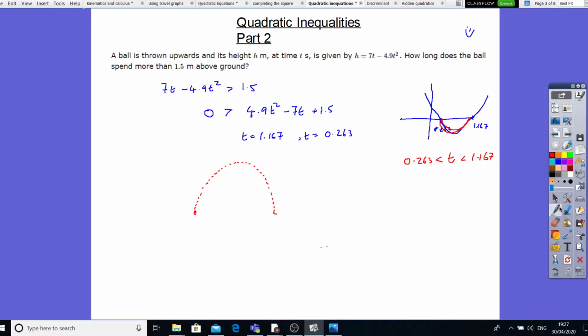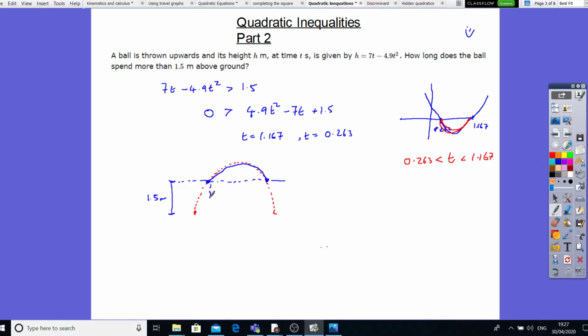So if we think about here, this being height 1.5 meters. At this point the ball is above 1.5 meters, and it continues above, and then on its return journey, that's when it comes back down.